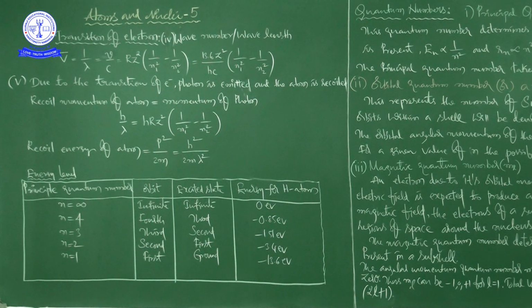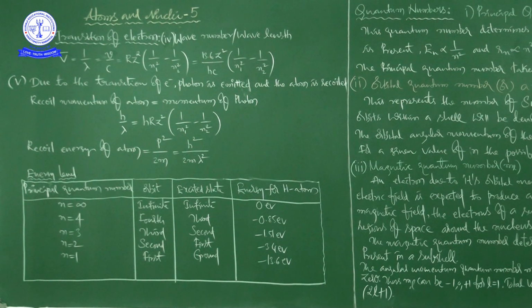Okay, right. Now see here, they have given some values in a table. Observe the table, which shows the energy levels. Here we are going to talk about energy levels. See this: first the principal quantum number, then orbit, then excited state, afterwards energy for hydrogen atom.